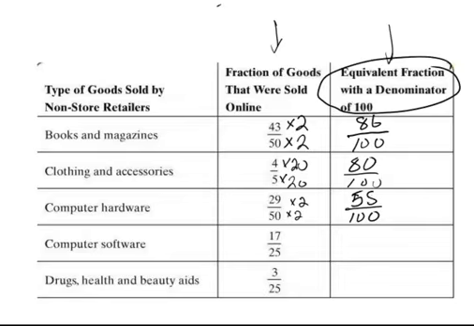That should give me 58. Here this is 100. Well, I know I multiplied that by 4, so I'm going to multiply 17 by 4. So 4 times 7 is 28. Carry the 2. 4 times 1 is 4 plus 2 more. That should give me 68.